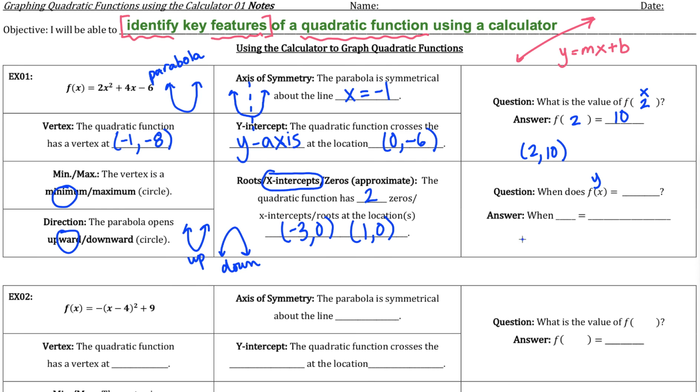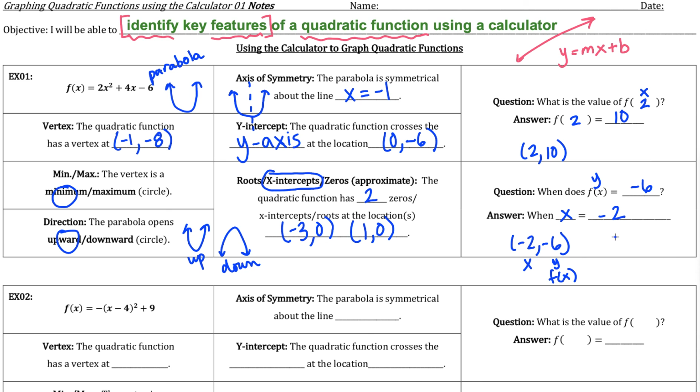That's x, and normally we put y here, but another way you can express y is f of x. So when does f of x equal -6? f of x equals -6 when x is -2.